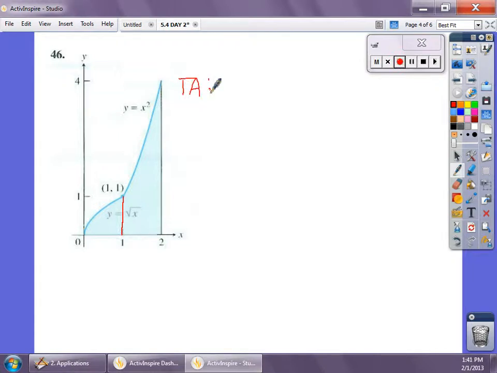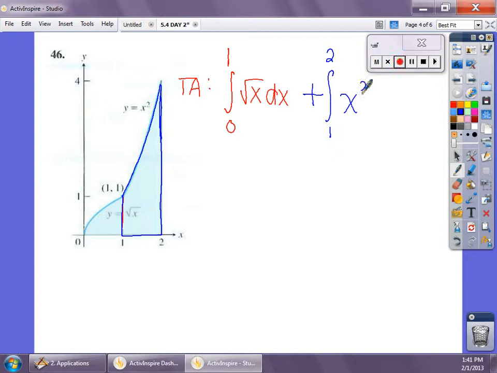So the first integral, which is a positive integral, from 0 to 1, of the function root of x, dx. And then the second integral is a positive integral, and the second one is this piece here. And again, we're going from 1 until 2, and that's of the function x squared.